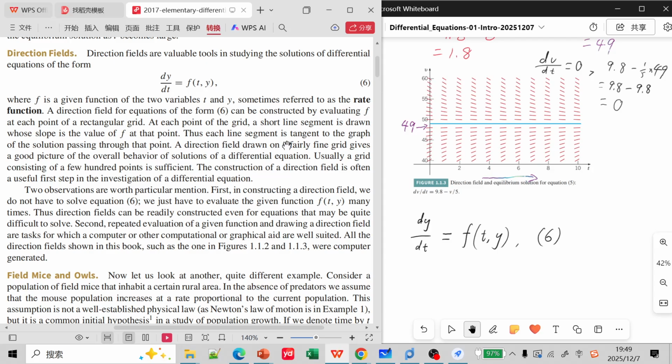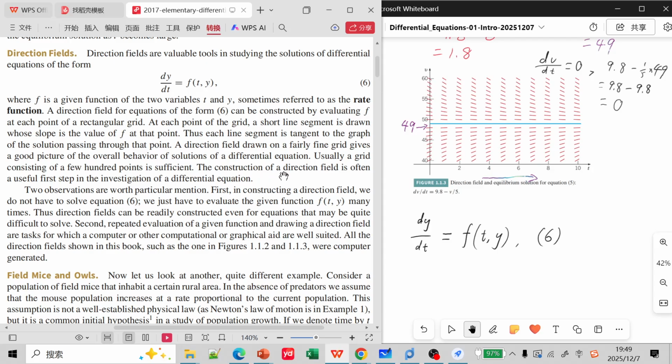Thus, each line segment is tangent to the graph of the solution passing through that point. A direction field drawn on a fairly fine grid gives a good picture of the overall behavior of solutions of a differential equation. Usually, a grid consisting of a few hundred points is sufficient.